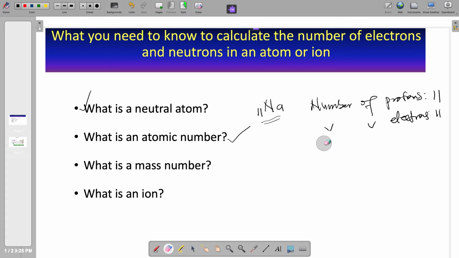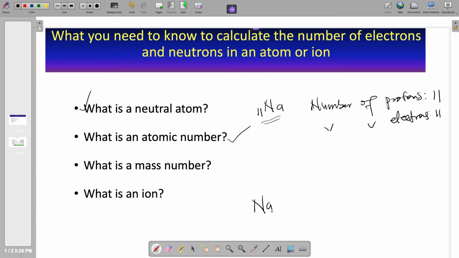So, for instance, if you have a neutral atom like sodium, written like so, and sodium gives away one electron, then sodium will now have fewer electrons compared to protons. Because you have more protons than electrons, and protons are assigned positive charge and electrons negative charge, you now have more positive charges than negative charges.